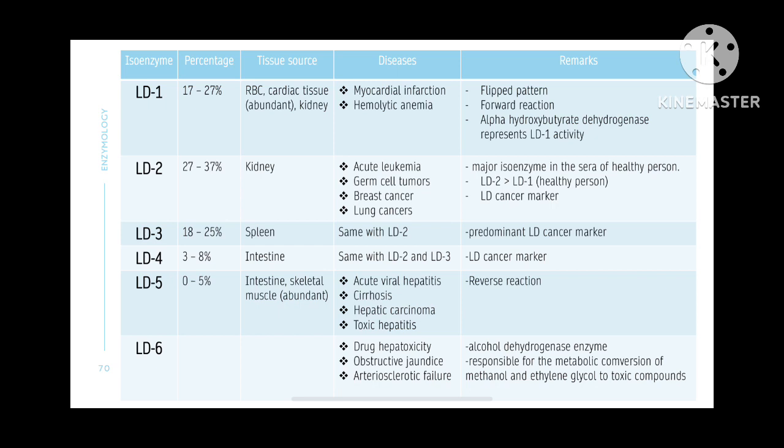The disorders of skeletal muscle will also reveal elevated LD5 levels, as depicted in the muscular dystrophies. A sixth LD isoenzyme has been identified, which migrates cathodic to LD5. LD6 is alcohol dehydrogenase, and in reported studies, LD6 has been present in patients with arteriosclerotic cardiovascular failure.